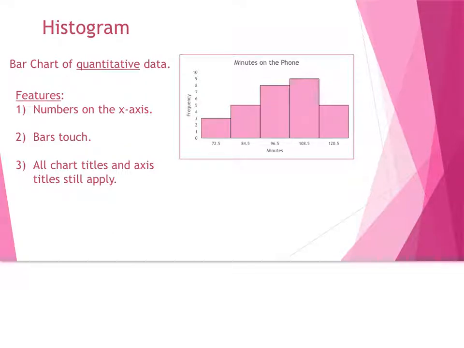A bar chart that has quantitative data on the x-axis is called a histogram. So you have 3 different kinds of bar charts here. A regular old bar chart is qualitative data that is ordinal. So the words on the x-axis are in order.